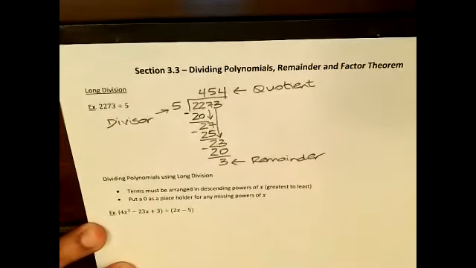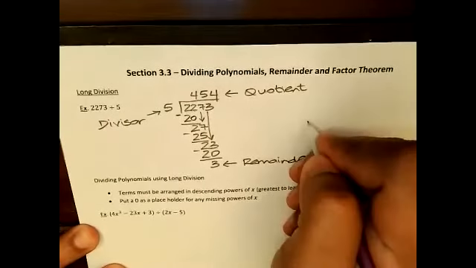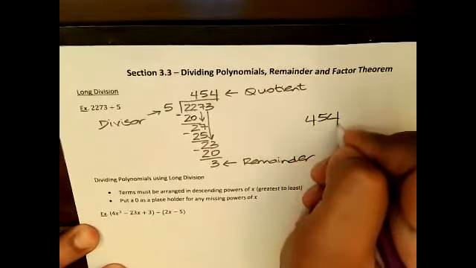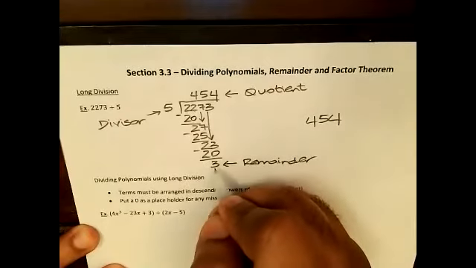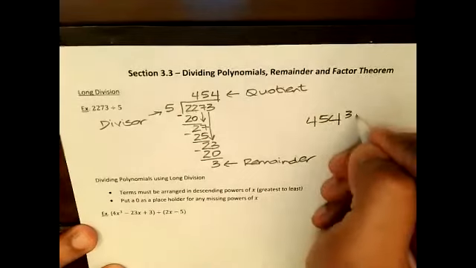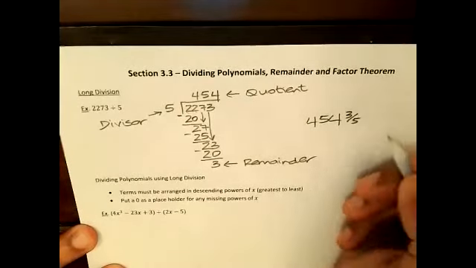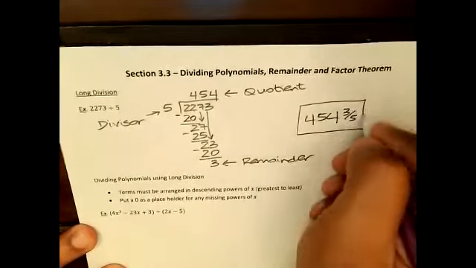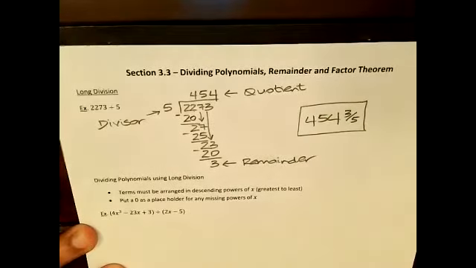So when it comes to writing down our answer, it is going to be 454, which is the quotient. And then if we have a remainder, we put the remainder over the divisor. So in this case, that's 454 and 3/5. That's how I divide numbers using long division.